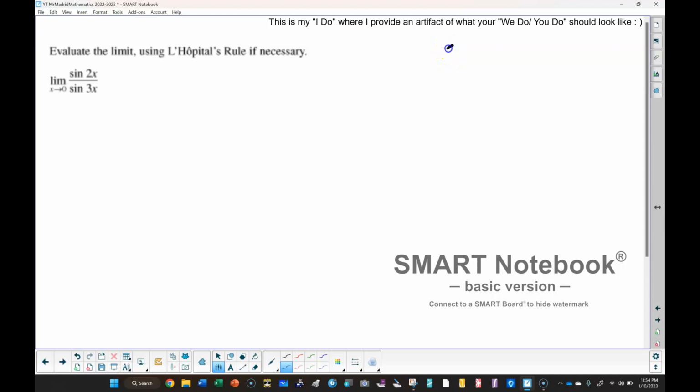But sometimes when you plug in the value that x is approaching when dealing with limits, it turns out, like in this case, that if you plug in 0 immediately, which we all love to do, you get sine of 0 is 0 over sine of 0 is 0, so you get 0 divided by 0.